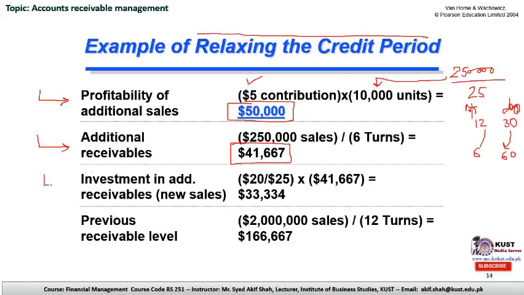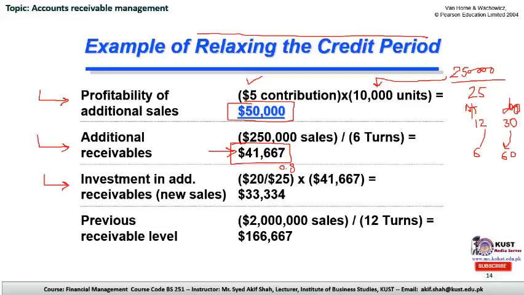In step number 3, we have to calculate the cost of funds tied up if we are going to relax our credit standard. In that case, we have to find out the investment in the additional receivable. As this is actually the sale price, we have to find out the cost of goods sold in this $41,667. For that purpose, we can divide our variable cost by the total sale price, and it will give 0.8, or 80% cost involved in any dollar amount of sale.